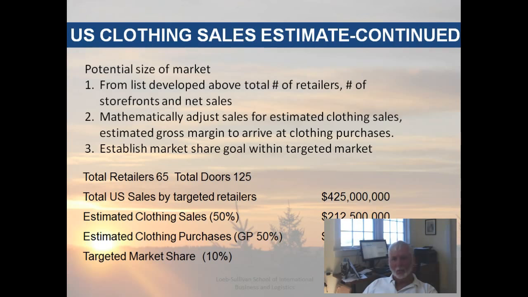So we exceeded our expectations because we did that in 3 years instead of 5. I had expected it would take 5 years to get to that number. And so we were successful. We managed to predict the market and actually exploit the market and get to that targeted market share. So it worked, but it was a little bit of a shot in the dark. You never really know what's going to happen until you do it.